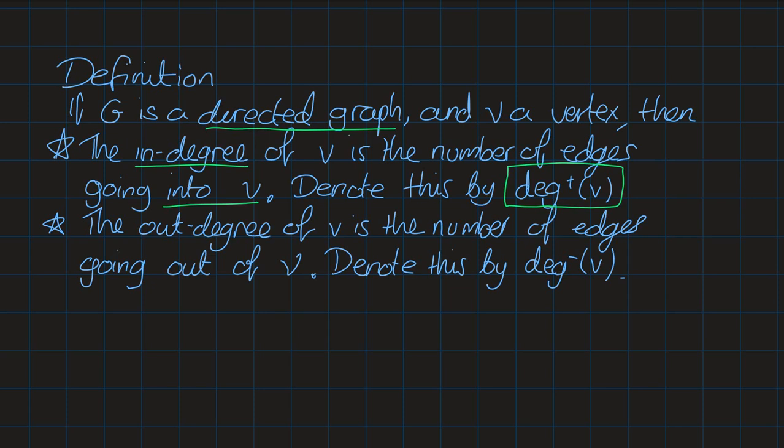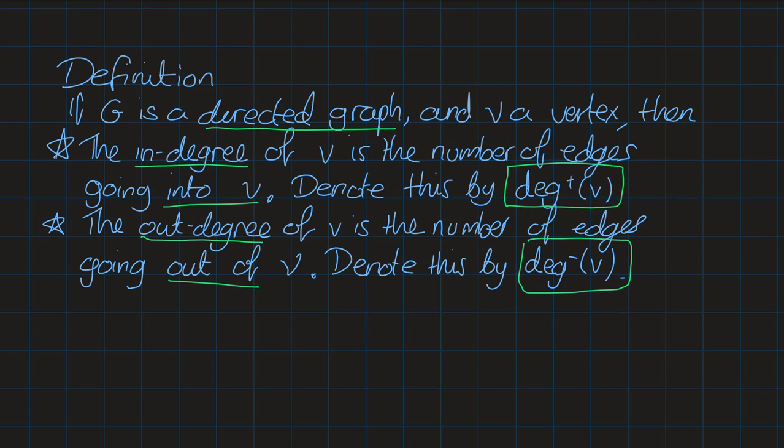Okay, so this just counts how many edges are going into the vertex V. And there's the out degree, which counts how many edges are going out of V, and we denote this by deg minus.